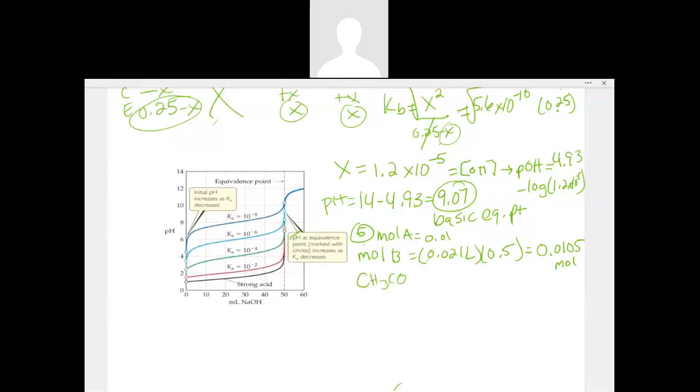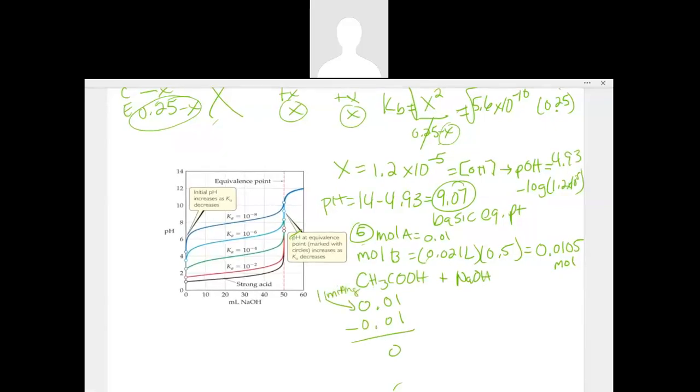We have our acetic acid plus our sodium hydroxide. Our acetic acid is always 0.01, and all of that is going to get used up. It is our limiting reactant, or reagent, because there are more moles of base present. So we start with 0.0105, subtract all of our acid that reacts, 0.0100, and we get a remainder of 0.0005 moles of hydroxide.